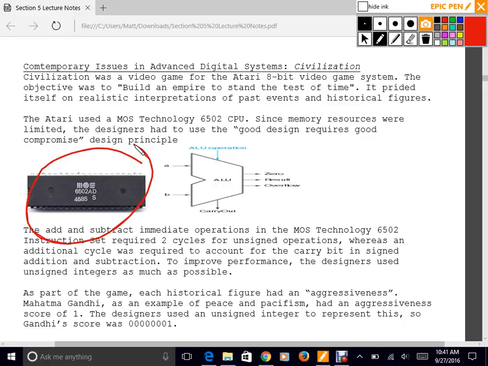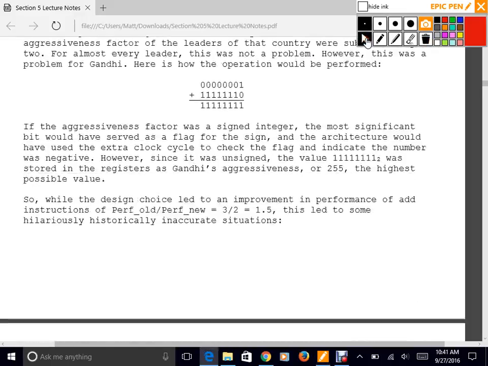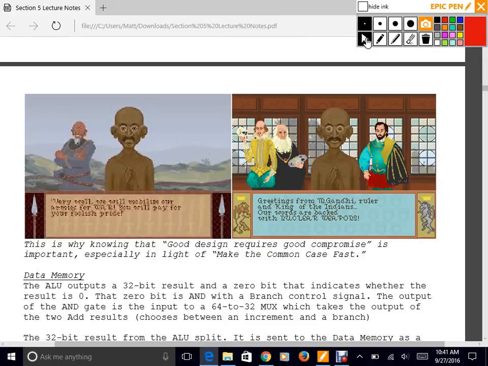So in the millions of cycles, you reduce it by 1. They're trying to improve performance, which is noble. But would you rather reduce 1 cycle when you're running on a megahertz machine, or would you rather prevent Mahatma Gandhi from trying to blow up the earth with nuclear weapons?